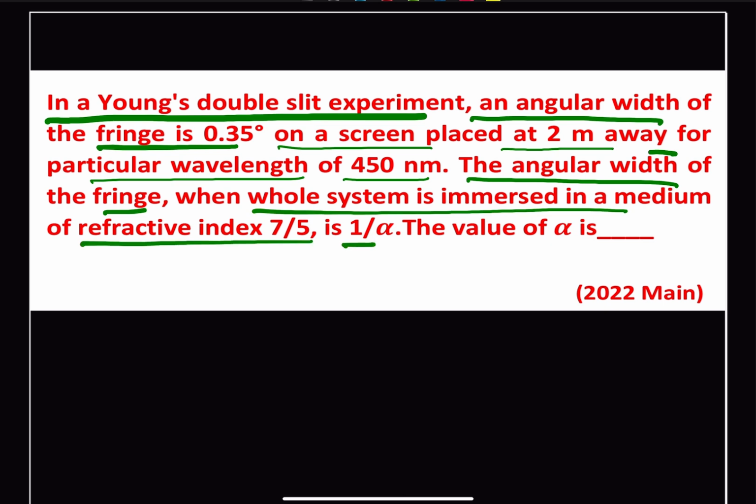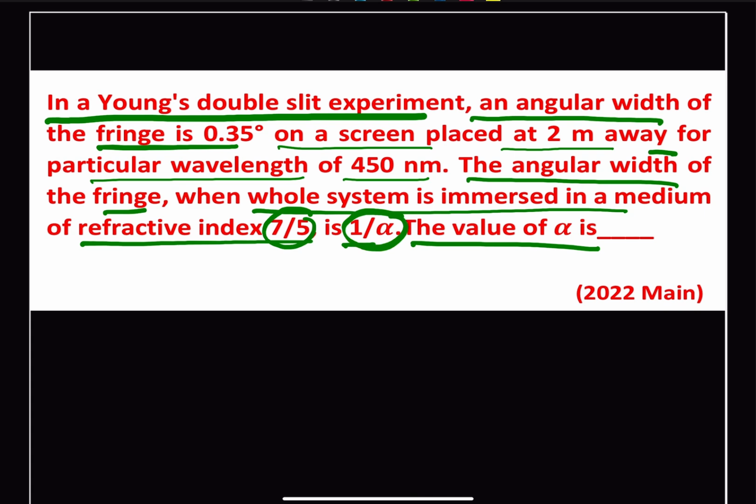The value of alpha is. So here we have two fringe widths. One is in the air, and another one is in the liquid or medium of refractive index 7/5, and the angular width in that immersed medium is given as 1 upon alpha.